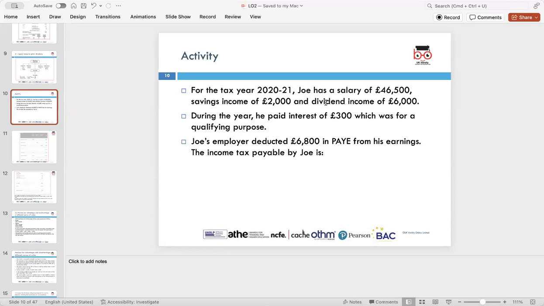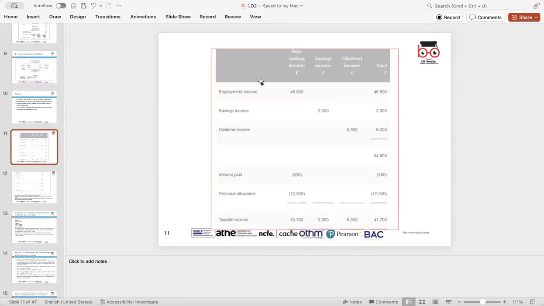To calculate Joe's income tax, we need to break down his income into different components like non-savings income, savings income, and dividends. Non-savings income includes Joe's salary and any other income that is not from savings or dividends. In this case, Joe's non-savings income is his salary, which is £46,500. Okay, so here is a further calculation.